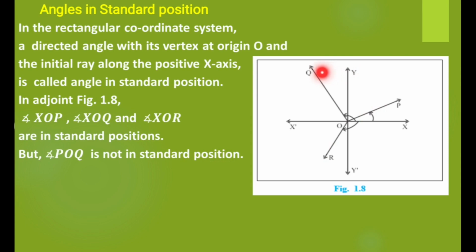Similarly, if you see QOR, this is also not in standard position. So angle QOR is also not in standard position. That means for an angle in standard position, the vertex must be at the origin and the initial ray must be along the positive x-axis.